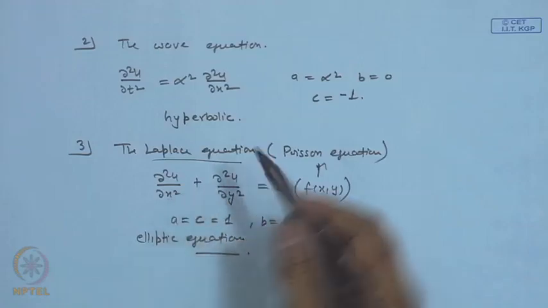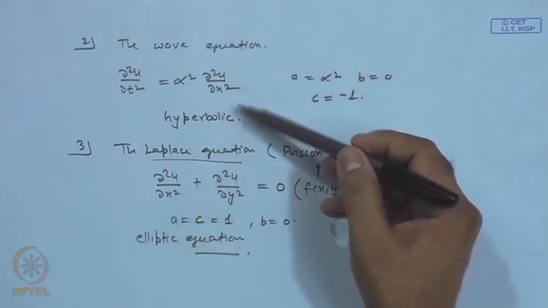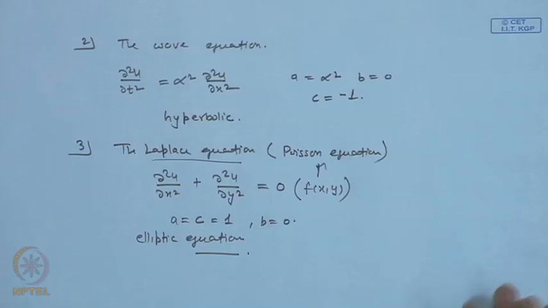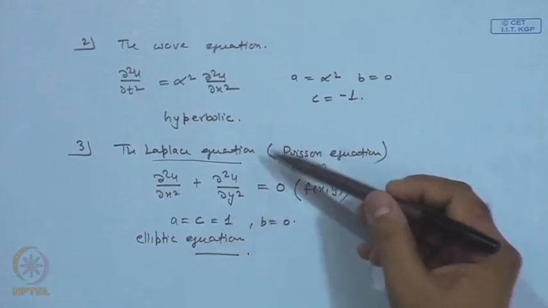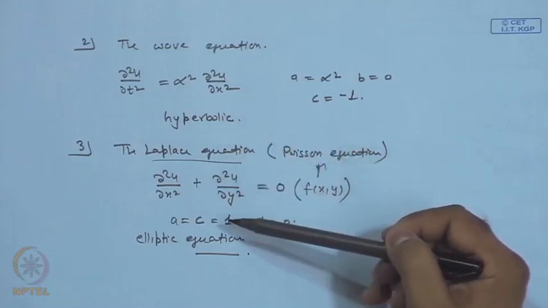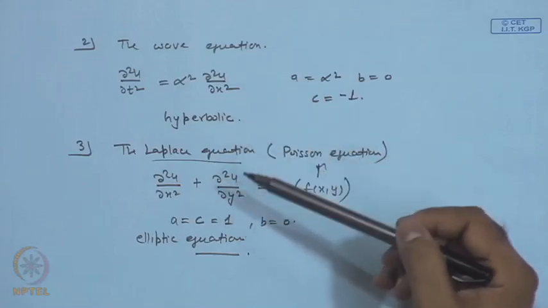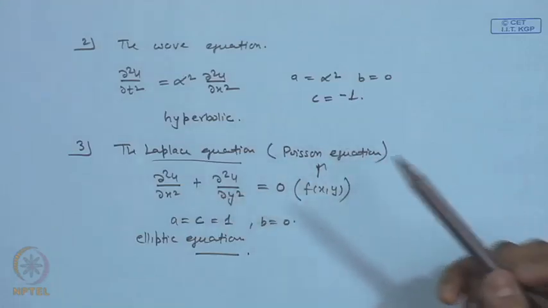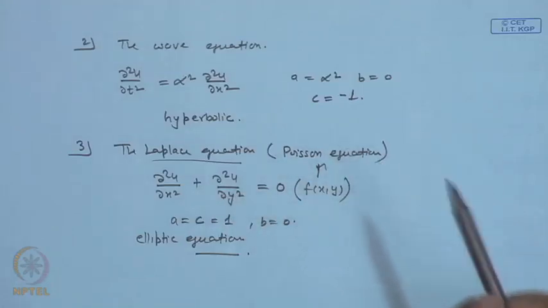So, according to different classifications, we have different equations, and in order to obtain a unique solution of the partial differential equation, we have to supply some initial and boundary conditions together with these equations. That part we will consider while discussing the examples.